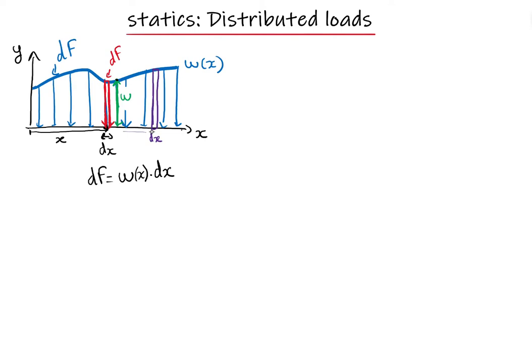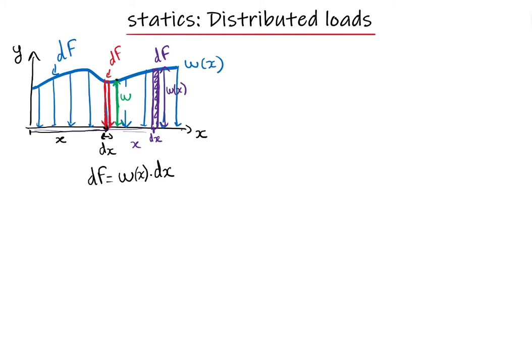Now the x is this one, and the height is this one, but it's still w(x). We change x, but that's another dF. We have a lot of little dF everywhere on this beam.